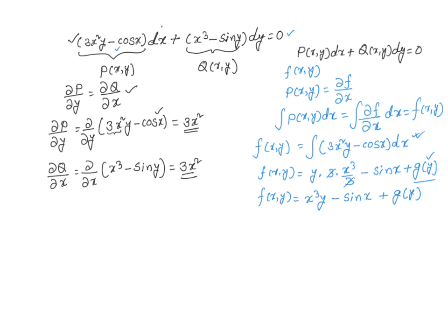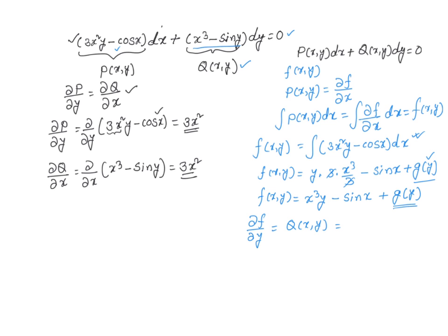Now we are going to try to find the value of g of y. How do we find g of y? There is a way to do so. Remember, our function f of x y, we in theory found it. However, the partial derivative of f with respect to y is nothing but Q of x comma y, and we know that, which is x cubed minus sine of y. So let's take the partial derivative of f with respect to y.